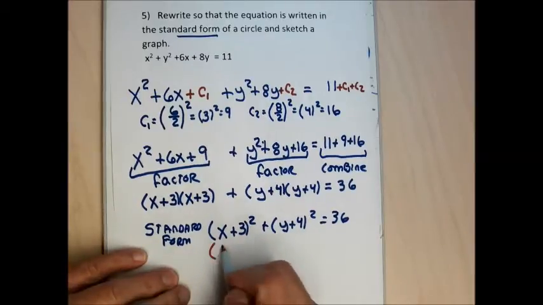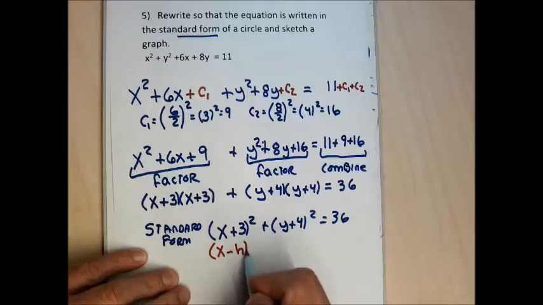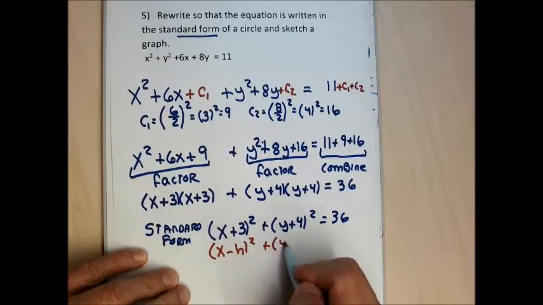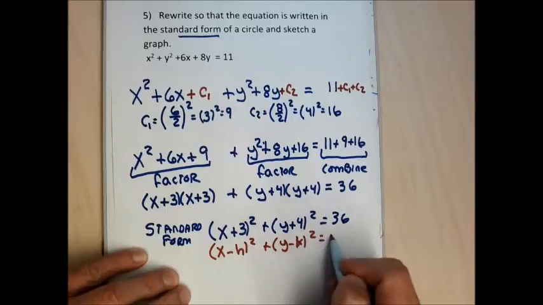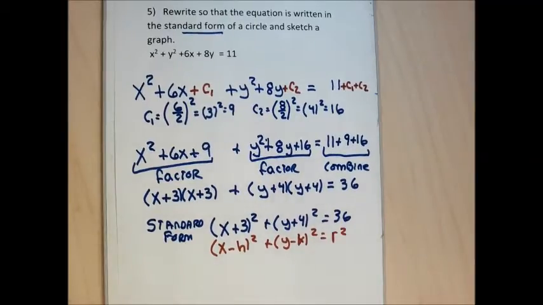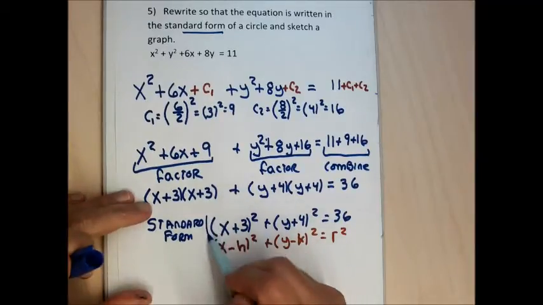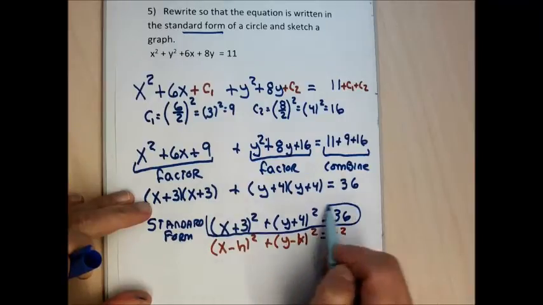Technically, the standard form is x minus some number squared plus y minus some number squared equals r squared. Having it written the way I said is fine for the answer. You don't see the minus signs in the parentheses, and you don't see the square on the right-hand side.